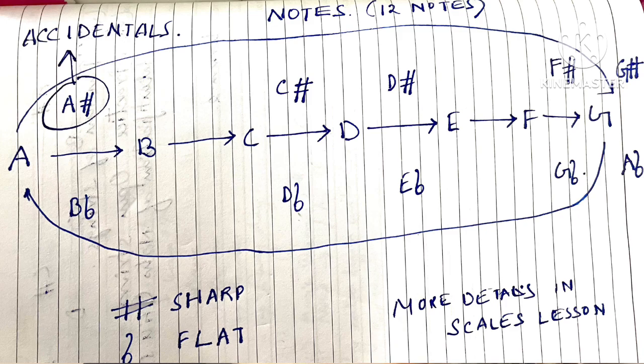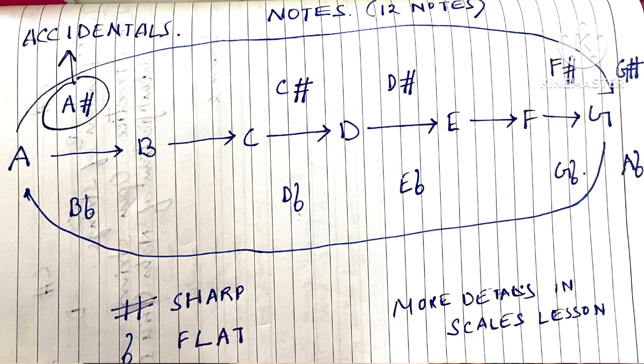Now, how to form a scale we will see in a different lesson. But the reason C is given as the first scale is that the C scale does not contain any accidental notes, and it is easier for a person to learn the C scale because it has no accidentals.